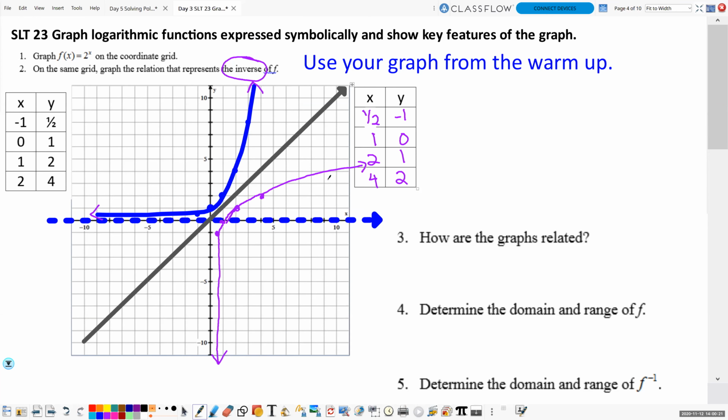If you tilt your paper and you look at this line y equals x, you should see that these graphs are reflected over the line y equals x because they are inverses.